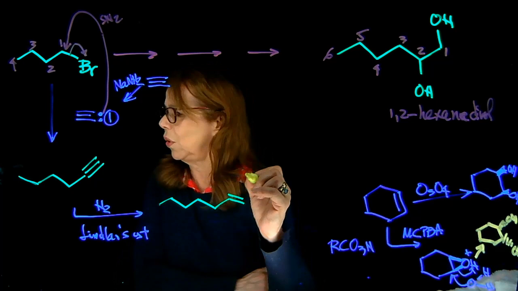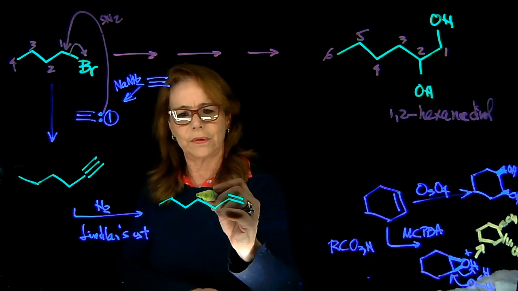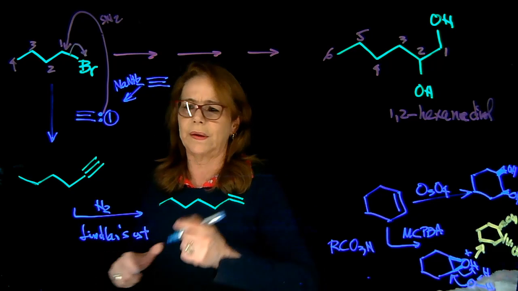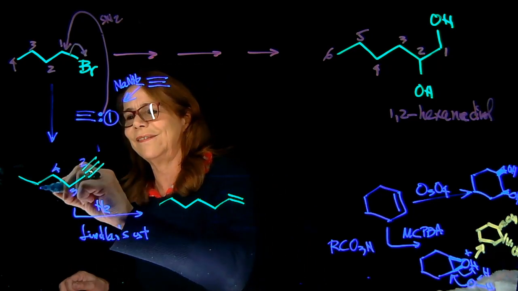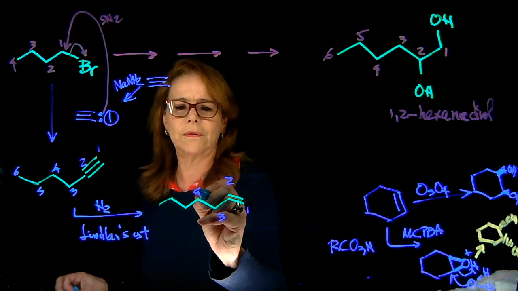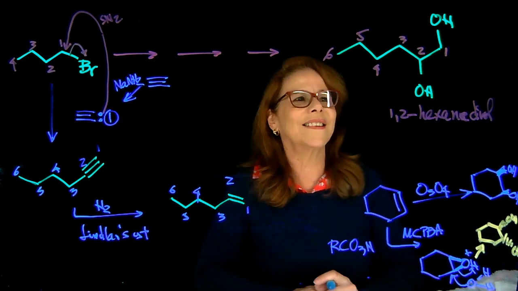And in this case, I think I have an extra carbon. Let's see. 1, 2, 3, 4, 5, and 6. 1, 2, 3, 4, 5, 6. Yeah. Okay. So that is the idea.